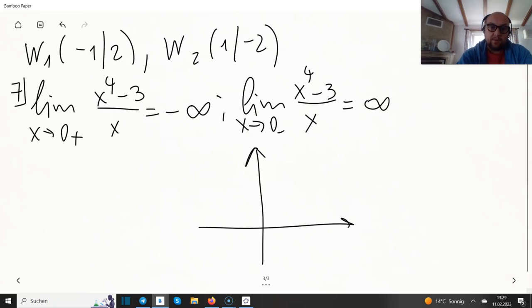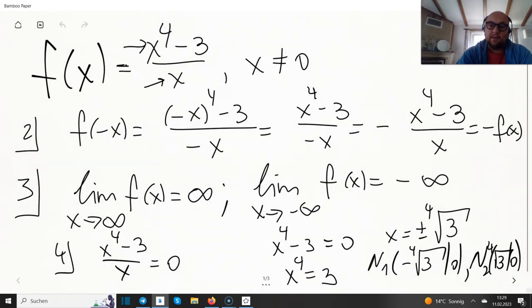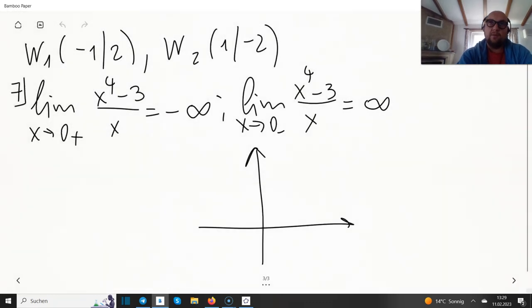Well, what about the 0 points that we are having? The 0 points are minus fourth root of 3 and plus fourth root of 3. So this is minus 1 and this is plus 1. Somewhere here, so we're somewhere there and somewhere here as well. All right, then we have minus 1, 2, and 1, minus 2, somewhere there.